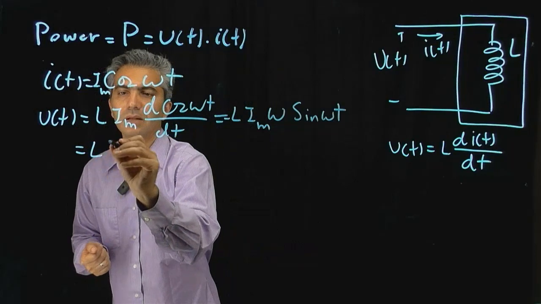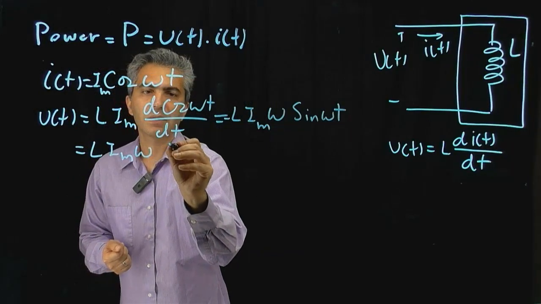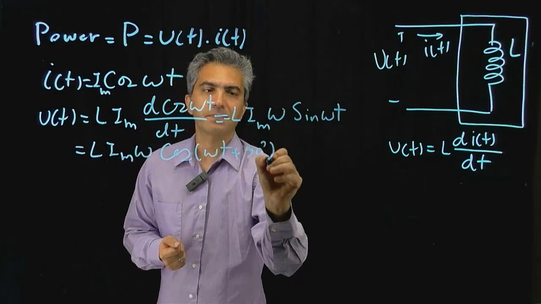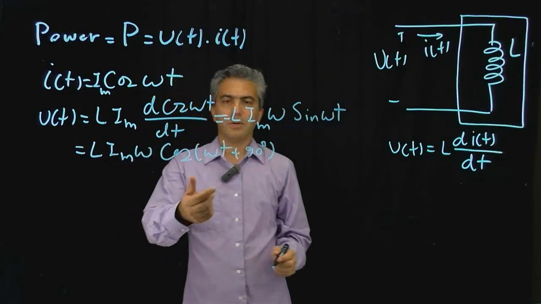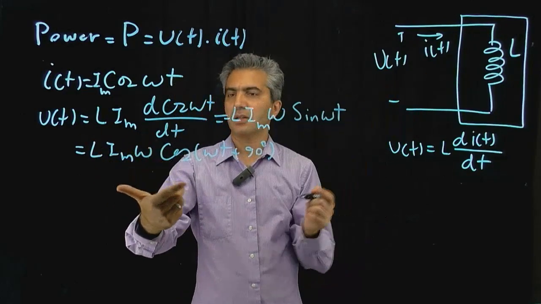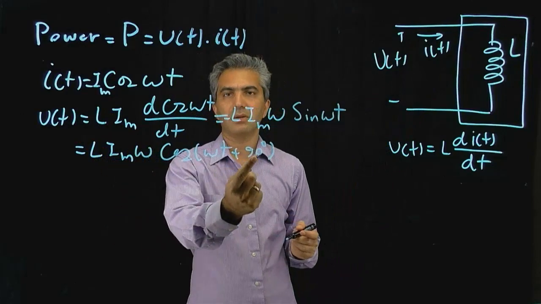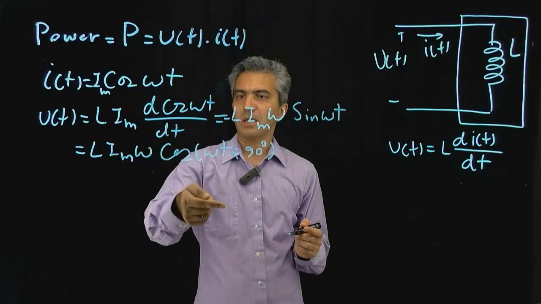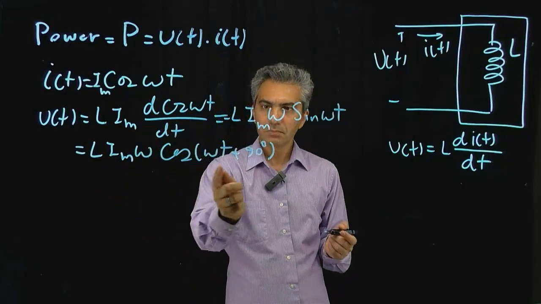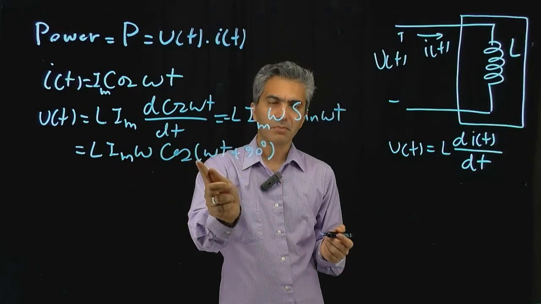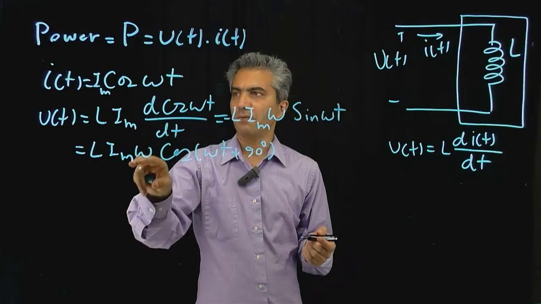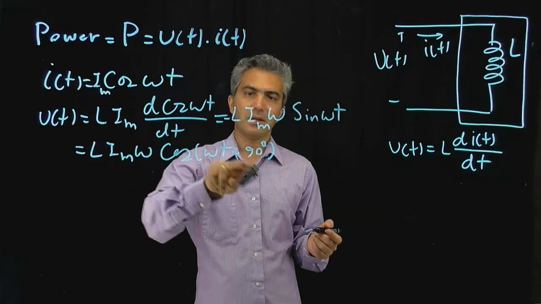So it would be L Im omega cosine of omega t plus 90 degrees. So up to this point, it's understood that with this case of an inductor, the voltage ends up being 90 degrees ahead of the current. That's what you see here. Same frequency, obviously different amplitude, but the relationship between the phase of the voltage and the phase of the current is such that the voltage is 90 degrees ahead of the current.